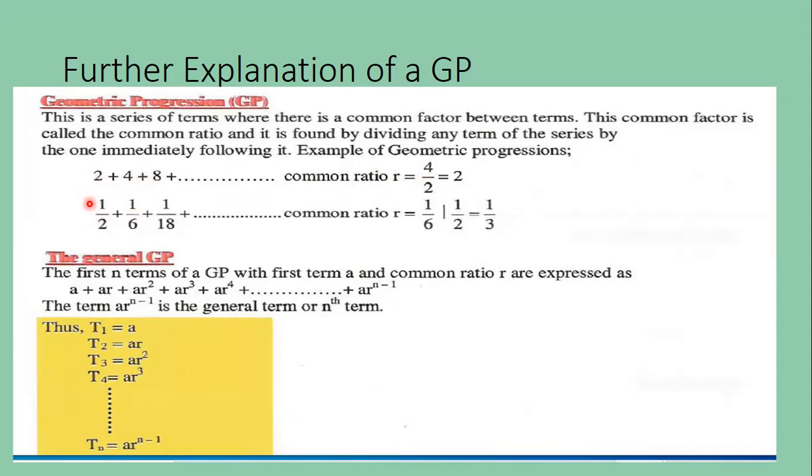Or if you use 4 and 8, you say 8 divided by 4, which still gives you the required common ratio.